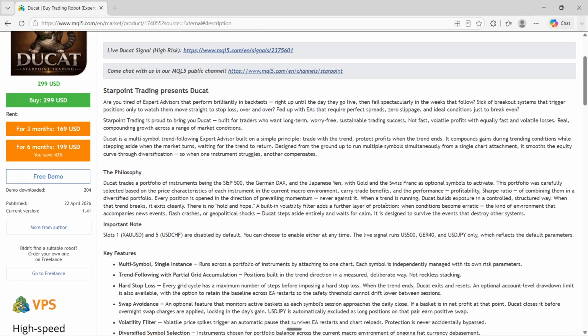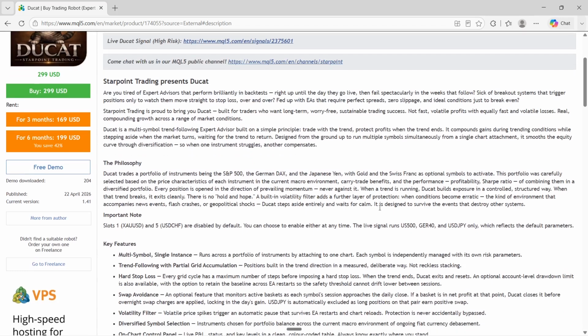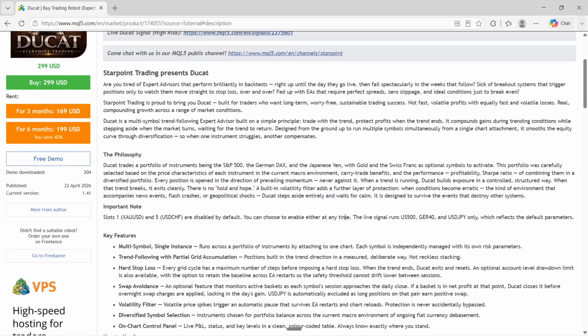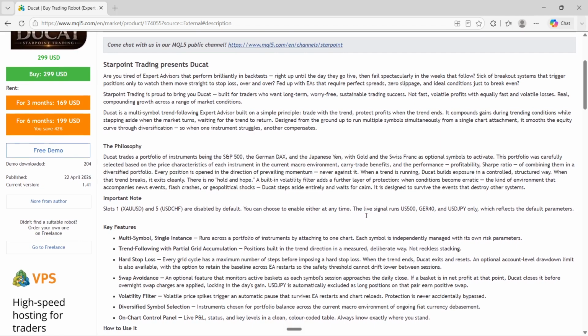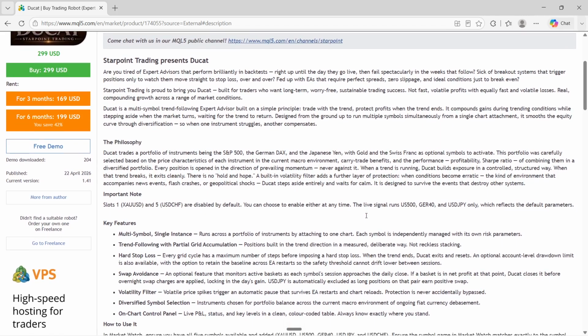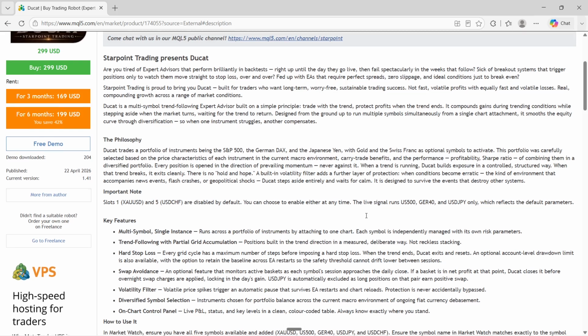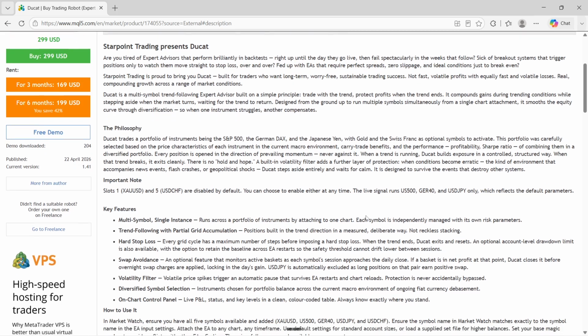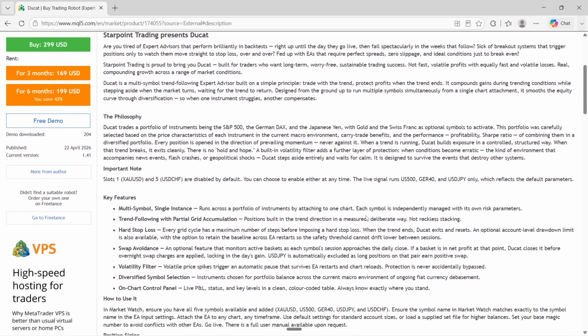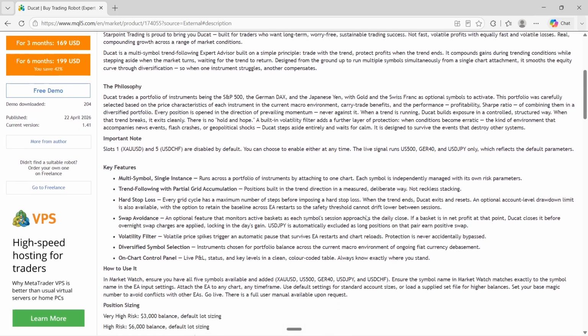The key features include multi-symbol operation from one chart, trend following with partial grid accumulation, a hard stop loss on every grid cycle after a maximum number of steps, optional account level drawdown limits that can retain their baseline across restarts, optional swap avoidance that closes profitable baskets before the daily close, a persistent volatility filter, and an on-chart control panel showing live P&L and status.